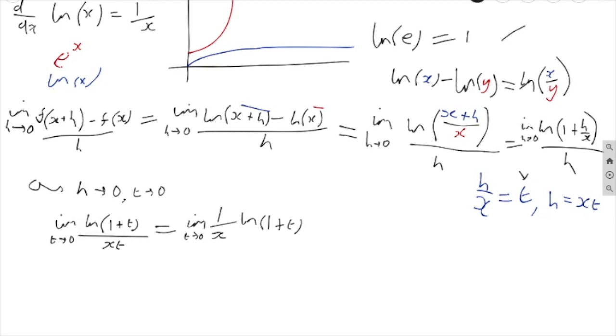Much like we have a rule up top right here for when something is subtracted from a ln, we have another rule for when something is multiplying a ln.